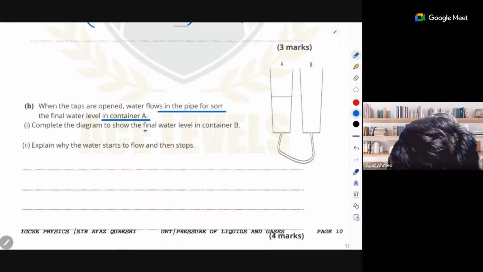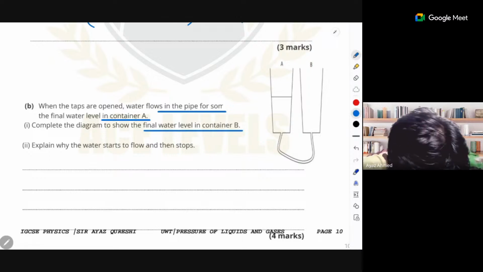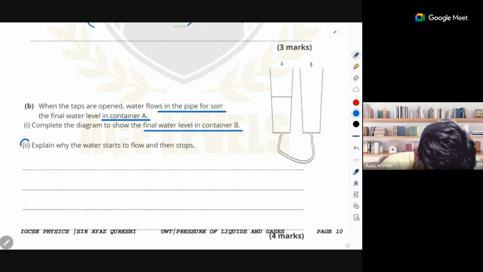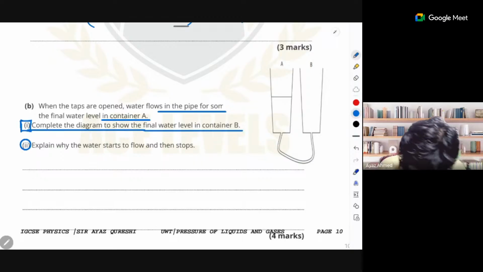Show the final water level in container B, and explain why the water starts flowing and stops then. The diagram is not clear, so I will leave this question and award you the marks.